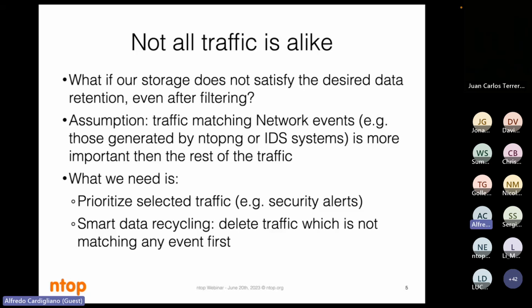And when we have to delete data on disk to make room for the new data, we should delete the data which is of less interest first. This is what we call smart data recycling: delete the traffic which is not matching any events first, and then delete the events.